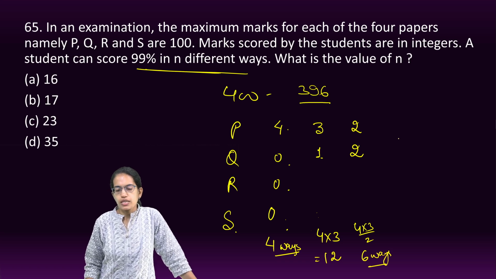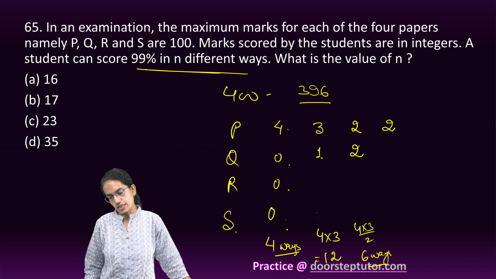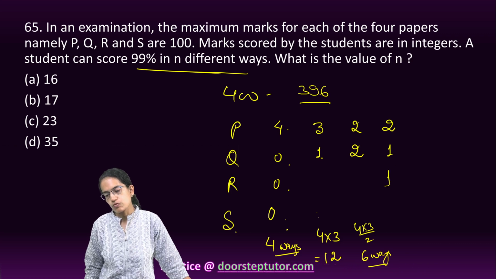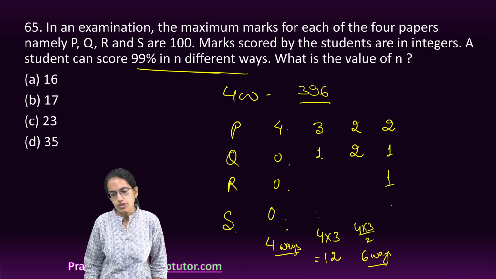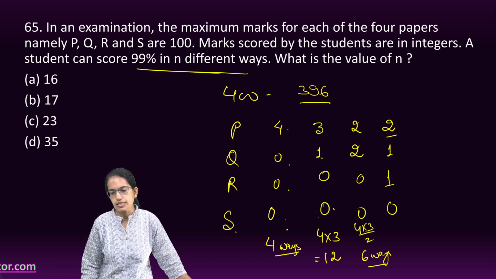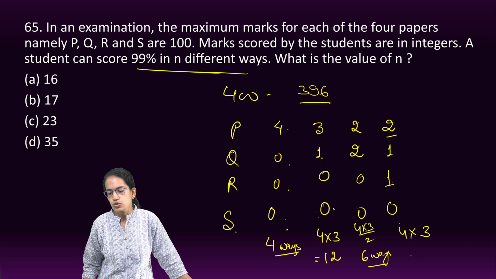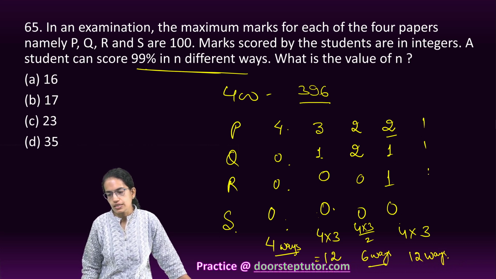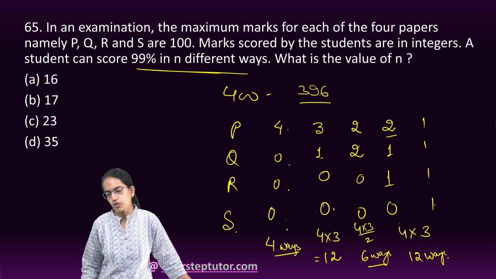Now another way is 2 marks deducted from one subject and 1 and 1 marks deducted from another 2 subjects and 0 marks deducted from the remaining subject. Now in this case, this 2 could be arranged at 4 different locations, and then this 1 and 1 or the 0 could be arranged at 3 different locations. So again 12 ways in which it could be done, and then we can simply have 1 mark deducted for all the subjects.